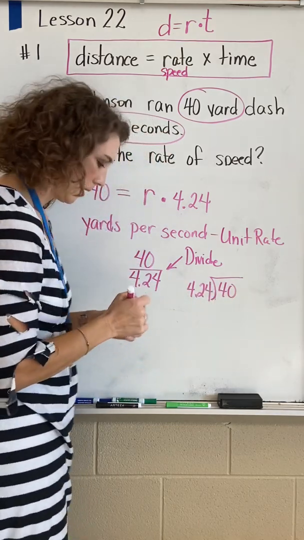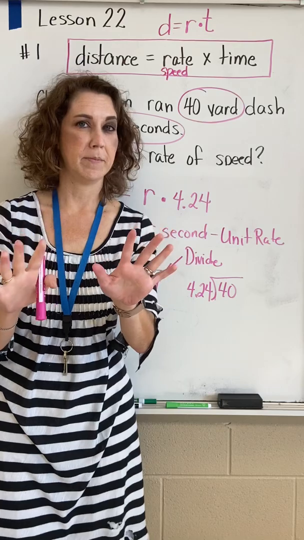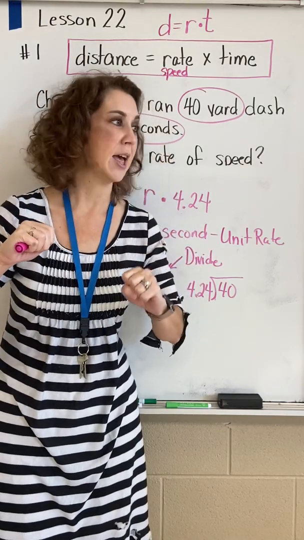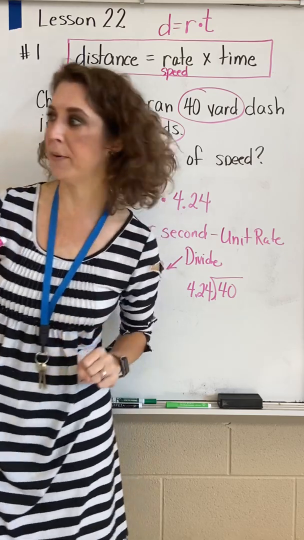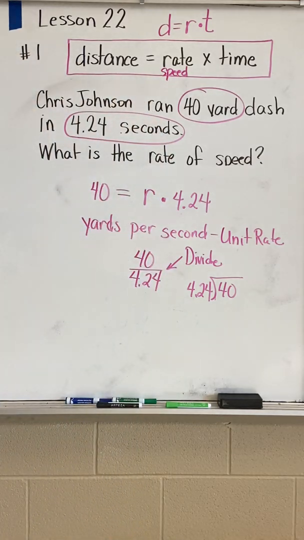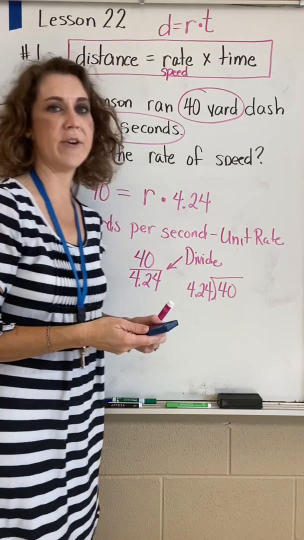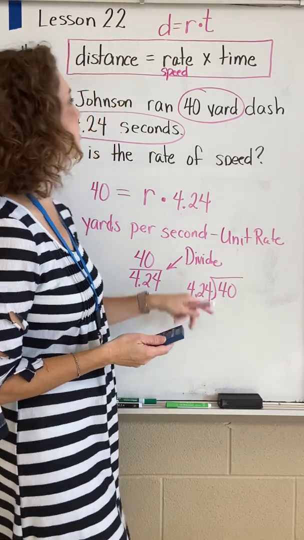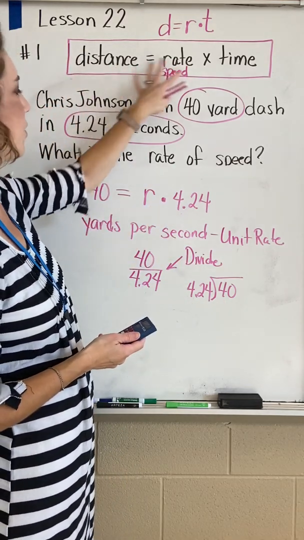Now, for this problem, we're going to use a calculator. I know we don't normally use calculators, but for this particular problem, we're going to use a calculator. I'm going to grab mine real quick. Because this is our example problem, and that would take us a long time to divide. And I really want you to focus on this formula, this equation.